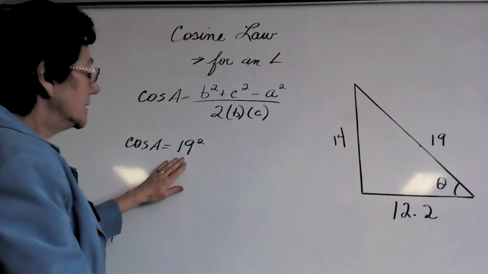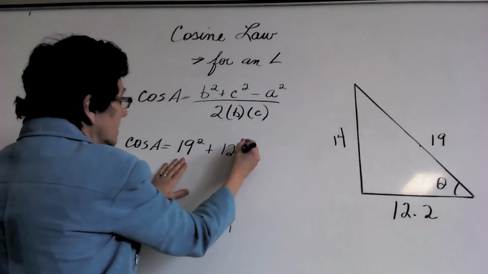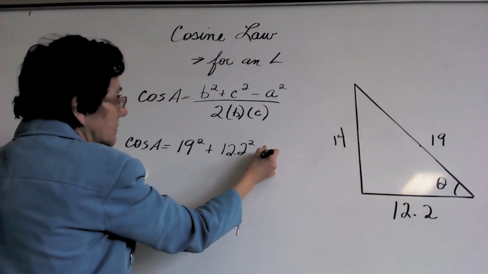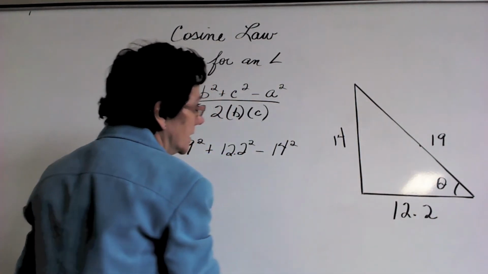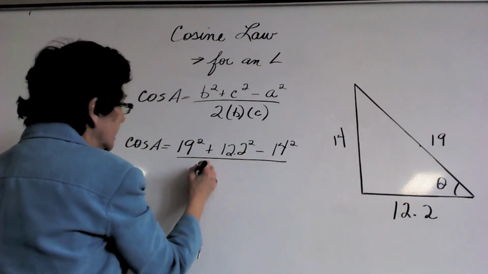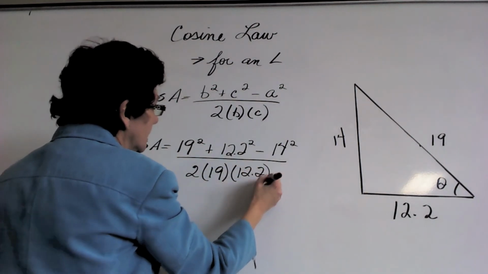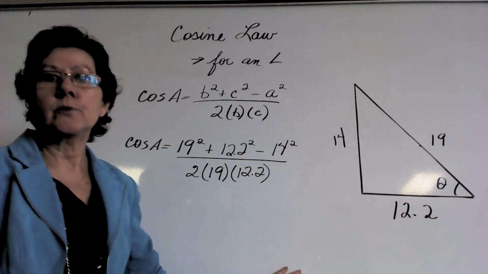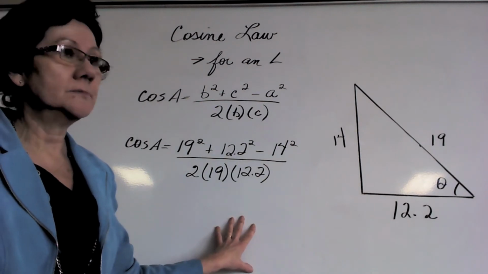So we've got 19 squared plus 12.2 squared, and these again, it doesn't matter which is B and C, but then subtracting the 14 squared, which is opposite the angle we're solving for, and then 2, 19, and 12.2. And again, then we just input it into our calculator, and we're going to get the degree measurement for the missing angle measurement.